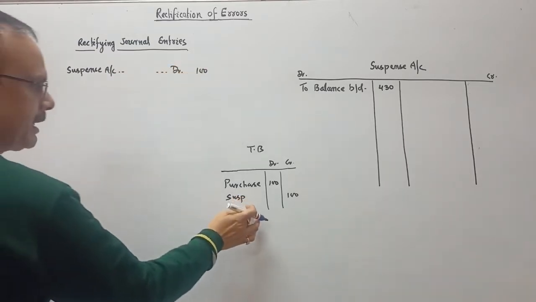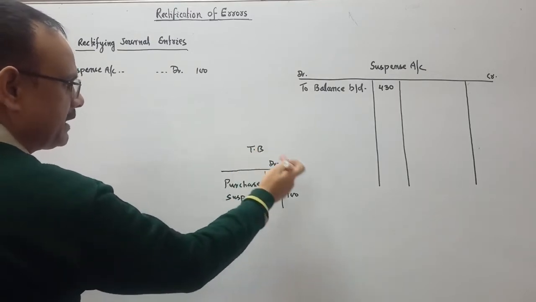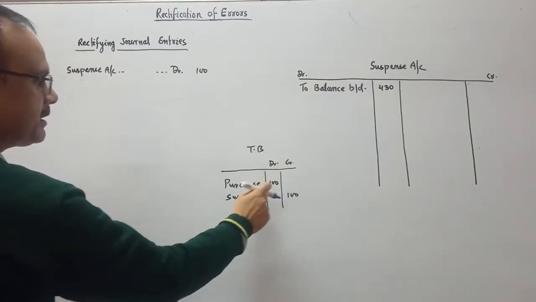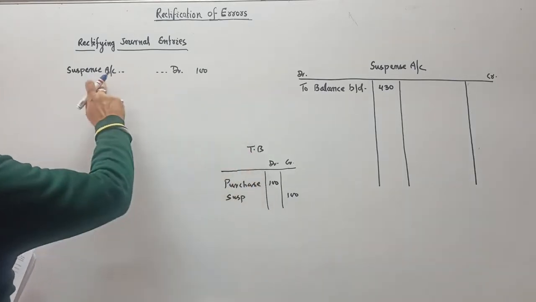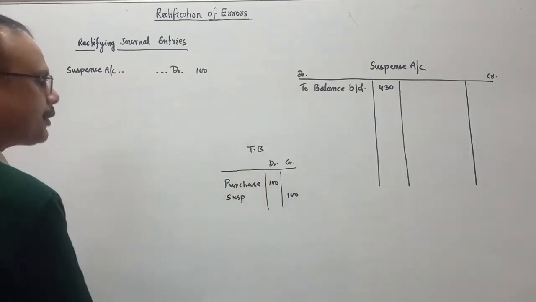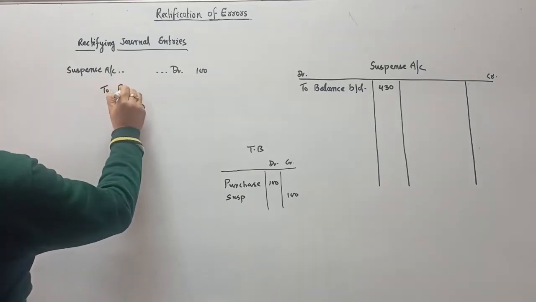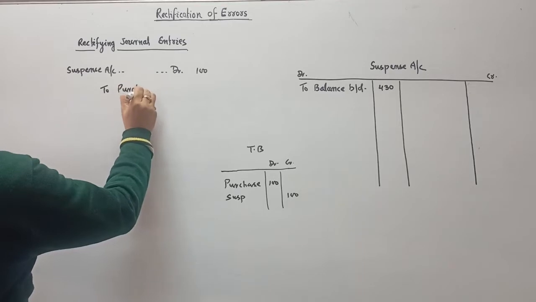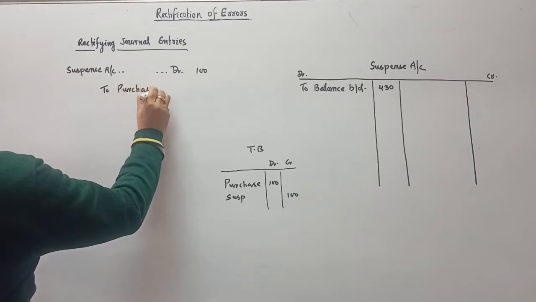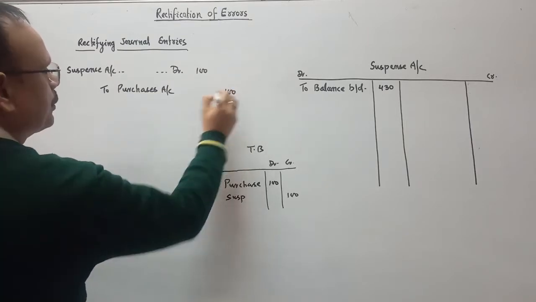Suspense was opened on the credit side of the trial balance, so to cancel it we debit the suspense account. And purchase account, where we have written 100 rupees more, to neutralize this effect we have to credit the purchase account by 100 rupees.